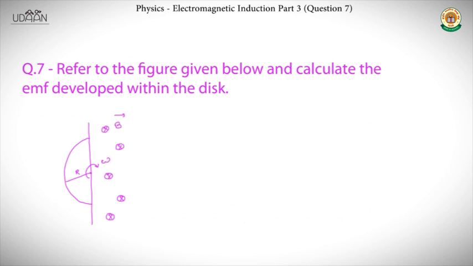Initially the disk is placed in a region where there is no magnetic field at all. It is moving with angular velocity omega, and some part of the disk is going to go into the magnetic field slowly. Initially at t equal to 0, there is no part of the disk inside the magnetic field.